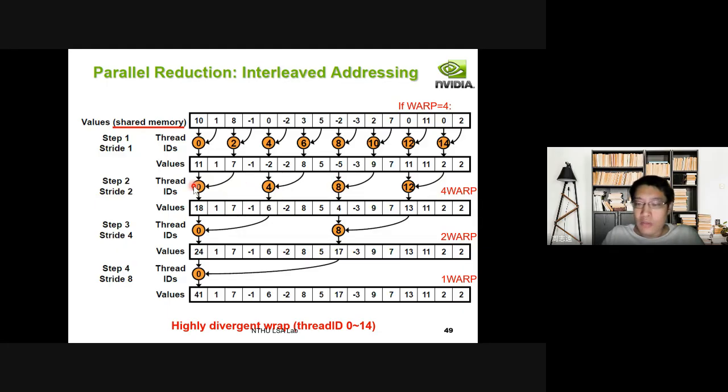Supposedly, these 4 threads should all be located in a single warp, so we would only use one SIMD processor. But as a result, you require 4 SIMD processors, and in every warp only one thread is active. So you use only one-fourth of the computing power of the SIMD processor. That's why it's very slow.